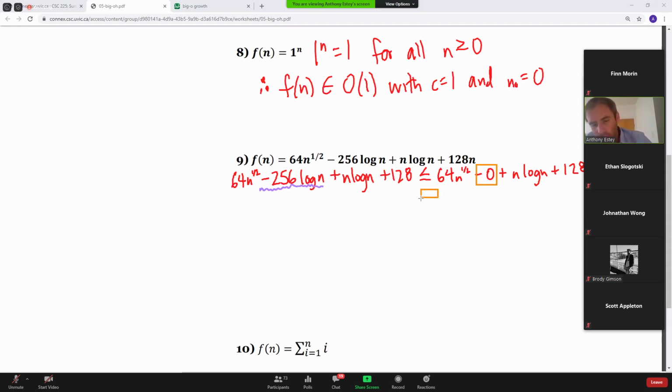This is going to be a larger value if we subtract 0 as opposed to subtracting something bigger. That'll decrease our number more.